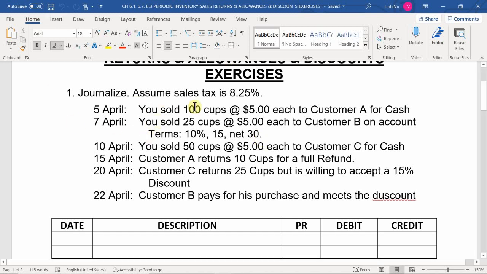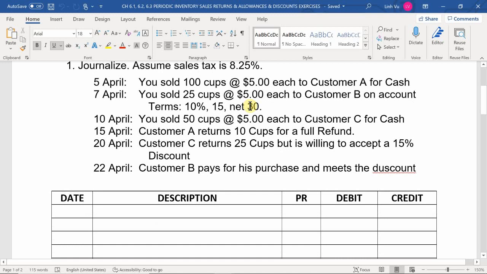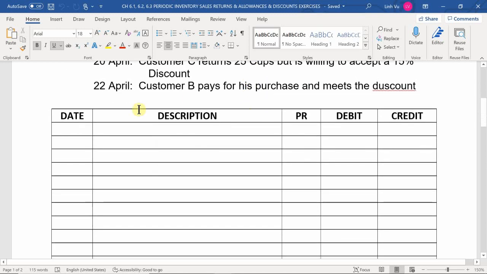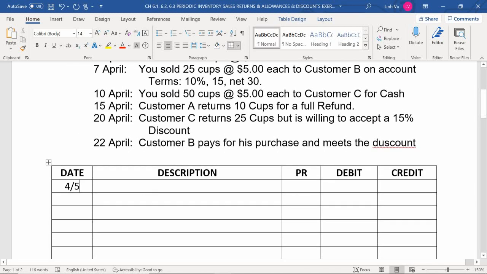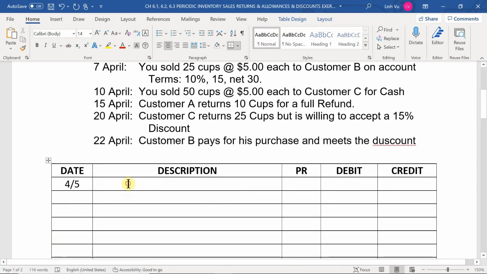So how are we going to journalize this? We're going to journalize cash. Okay, good. Sales. And sales tax. Good.